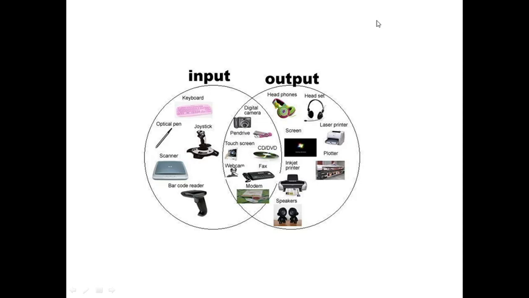Now let us try to understand the next concept, which is a very familiar concept for all of you: input and output. We come across different input devices: keyboard, optical pen, scanner, barcode scanner, and output devices like headphones, headset, laser printer, and all.